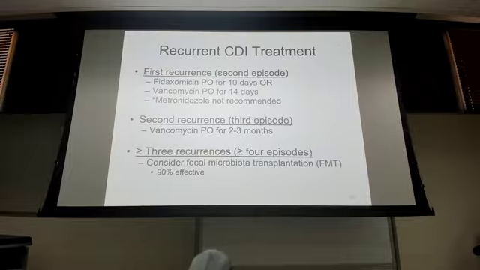If you get up into that third or greater recurrence, meaning more than 4 episodes, then we're going to talk about considering a fecal microbiota transplantation. 90% effective. What are we doing there? We are transferring the microbes and the normal gut flora from a donor through a process.